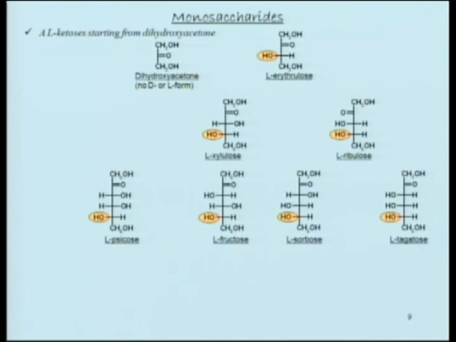So the first chiral carbohydrate has a 4-carbon scaffold. The only reason why I'm drawing L is because I didn't show you L on the other slide. Otherwise, you would have D as well as L. So likewise, at 5 you would have 2, and at 6, you would have 4 different ketoses.